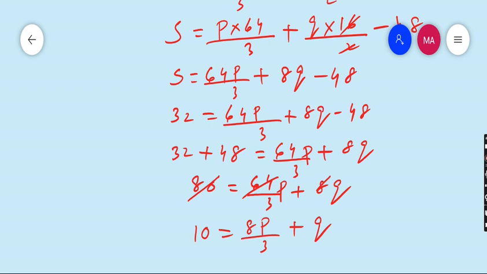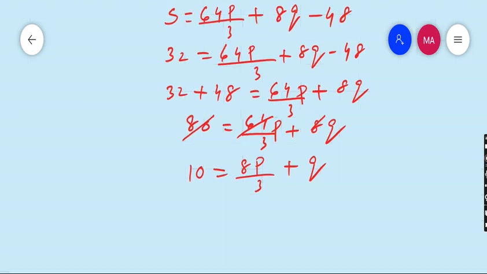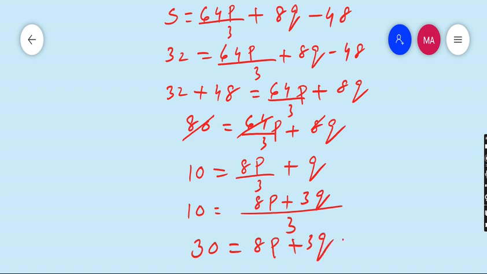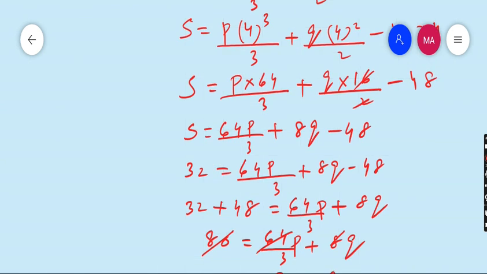Now taking 3 as the LCM, 10 is equal to 8p upon 3 plus q, so 30 is equal to 8p plus 3q. This is equation number 2. Now solve these two equations, equation number 1 and equation number 2, simultaneously. What was equation number 1?